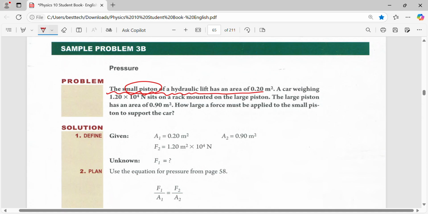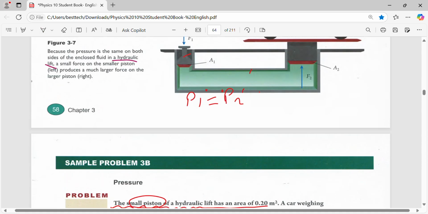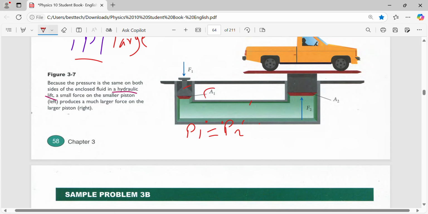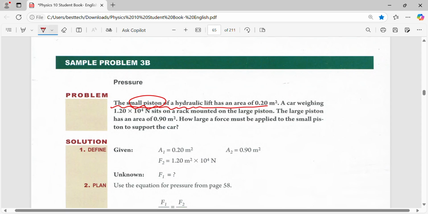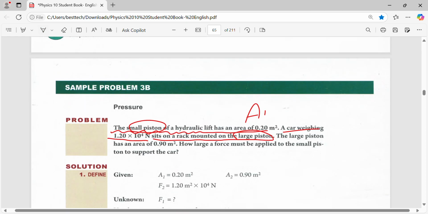Small piston means the first area, area 1, which is equal to 0.20. A car weighing 1.20 times 10 to the power 4 sits on a rack mounted on the large piston. The car's weight is the second force.